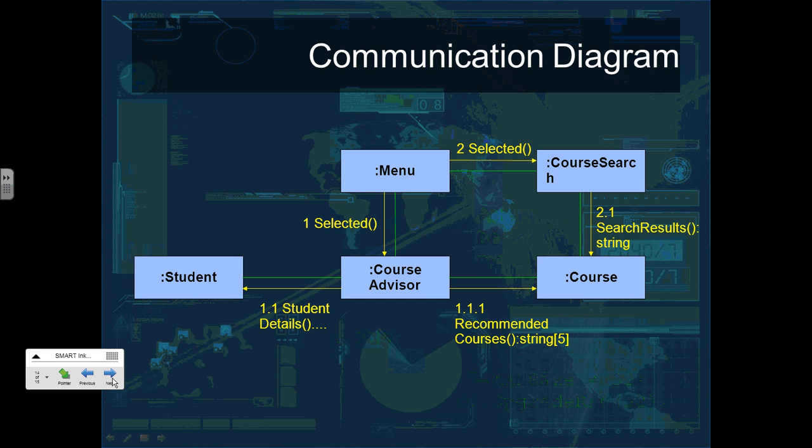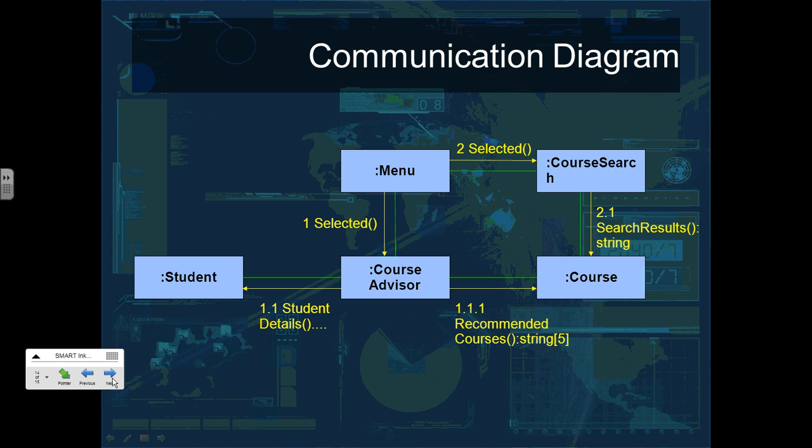So I hope all that makes sense, because this is a communication diagram. You have to draw one of these. And in order to be able to draw one of these, you need to understand what all of these classes are. So we have a class of student, we have a class menu, we have a class called course advisor. This is a class and this is a class. And these yellow bits are methods within each of those classes.